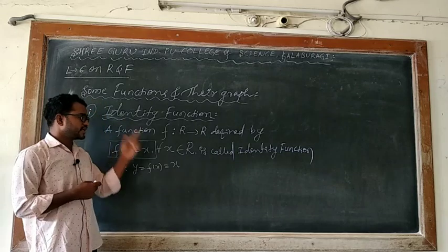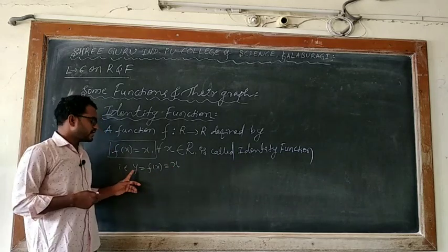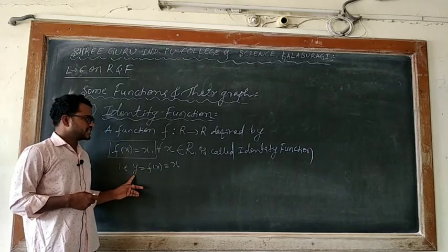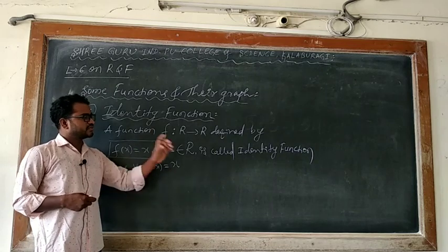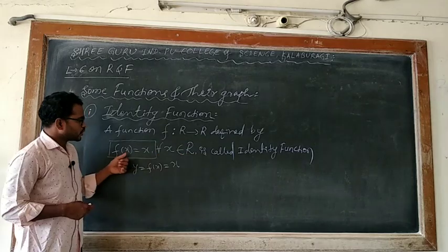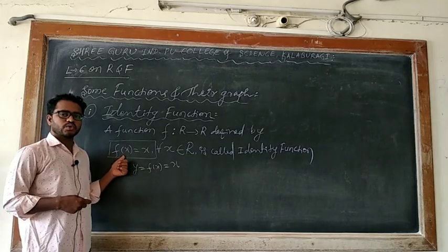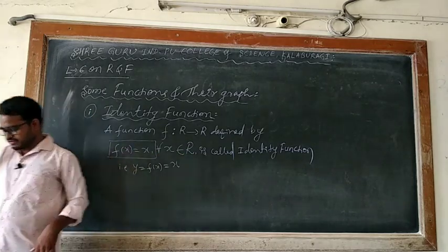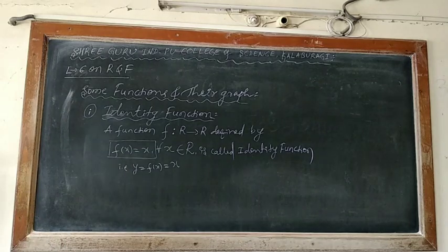Here x values are the domain, y values are always the range. For all x belonging to real numbers, y values will also be real numbers. For that reason, the domain of this function is the set of real numbers, and the range is the set of real numbers.